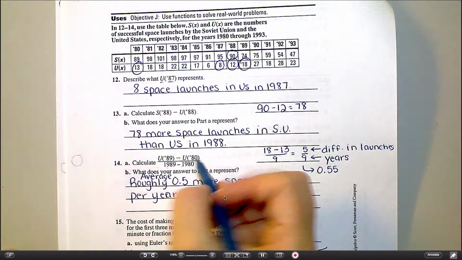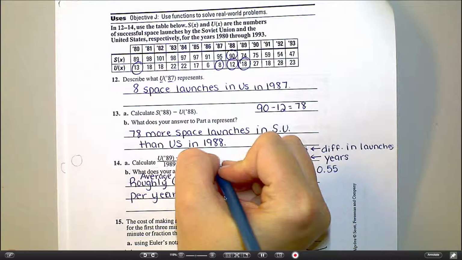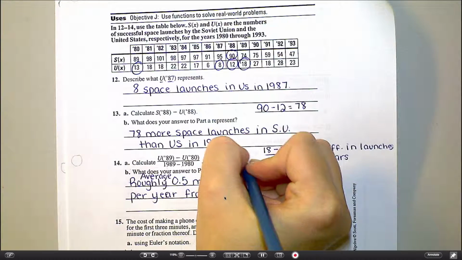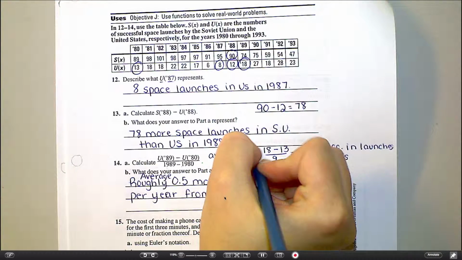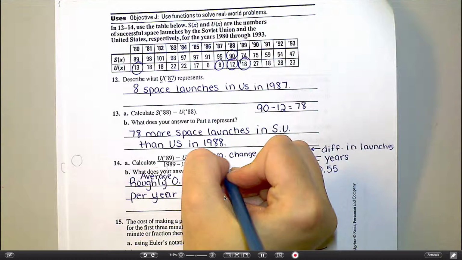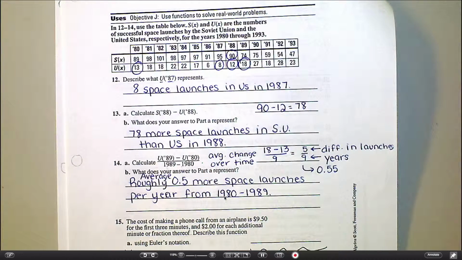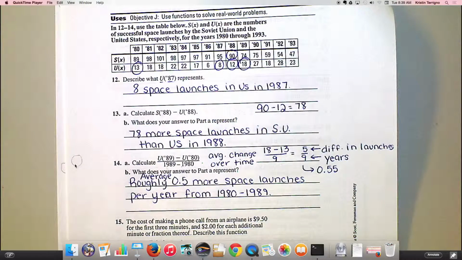So when you've got this weird fraction thing, that's always an average change over time. Okay. Good. Does that make sense? Okay, because you're going to see questions like that again, so I want to make sure you're familiar with them. This happened to me yesterday too.